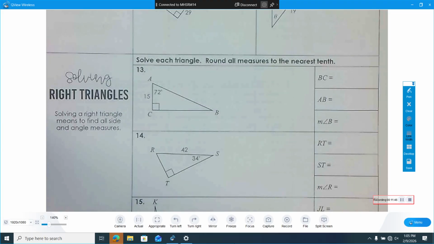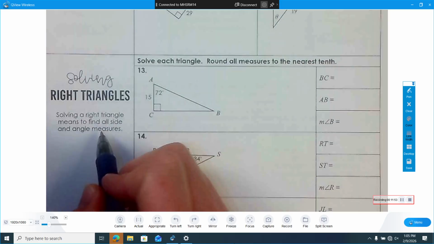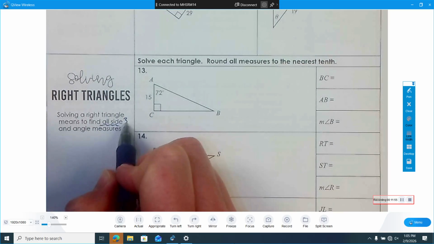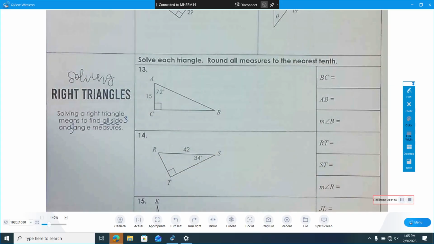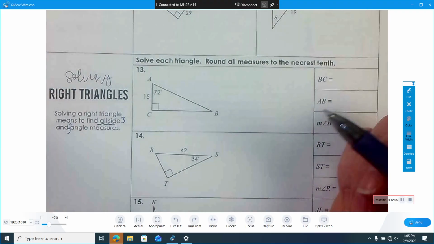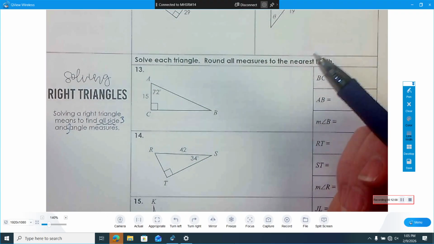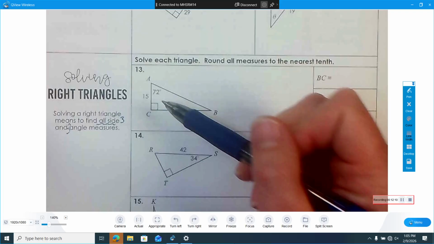So solving right triangles means we need to find the measures of all 3 angles and all 3 sides. Find all 3 sides and all 3 angle measures. So there's 6 total parts that we need to find. We're not going to do too many of these, but just so you have seen this before. This is kind of interesting. I have one angle.